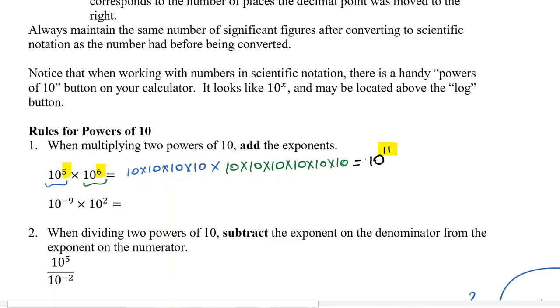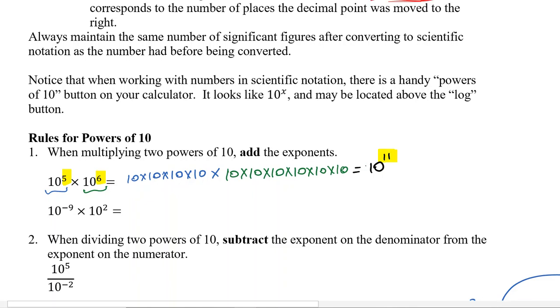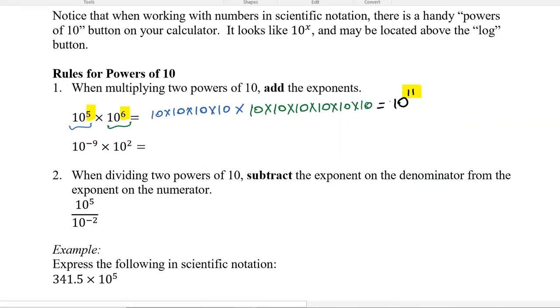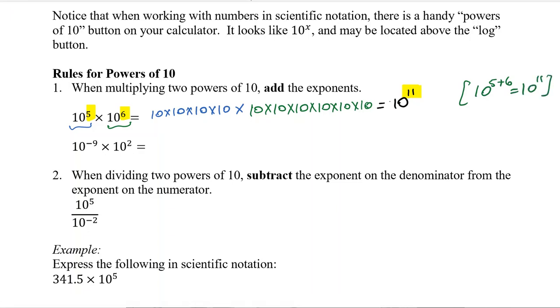We simply added the exponents and got 10 raised to power 11. Thus we have this rule: if you have the same base and there is multiplication in between, we add the exponents. In this case, we did 10 raised to power 5 plus 6, that is 10 raised to power 11.